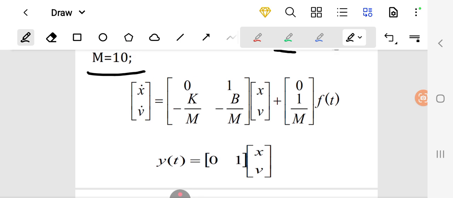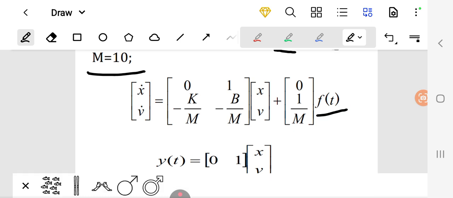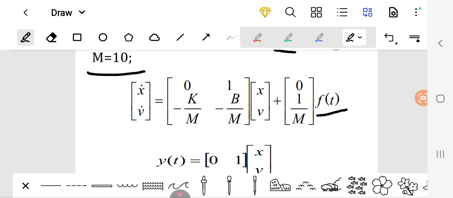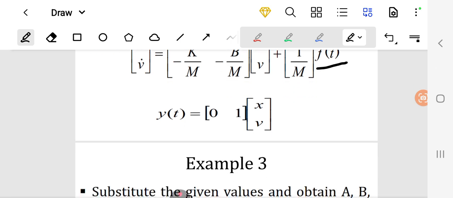We have the equations we have proved at the beginning of this lecture: x dot equals [0, 1; negative k over m, negative b over m] times x, where the states are x and v, which is the second state, plus [0; 1 over m] times the force, which is the input. This is the input. Y equals 0 times x1 and 1 times x2, which is the velocity.